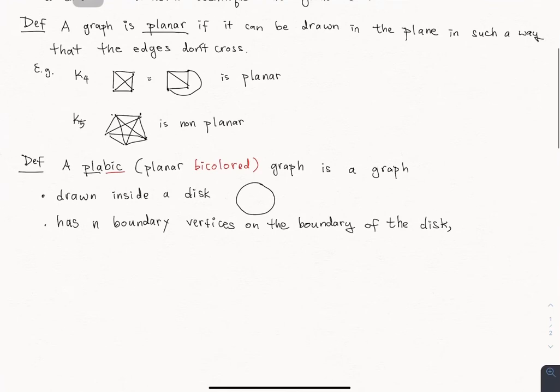And the n boundary vertices are labeled 1 through n in clockwise order.